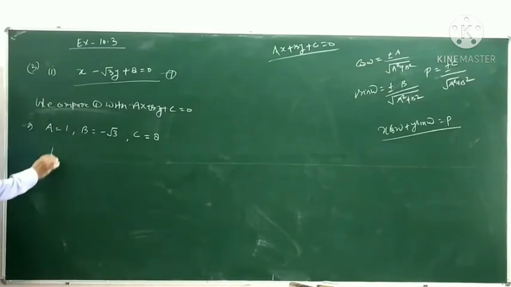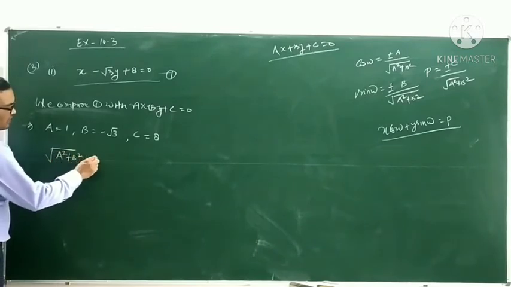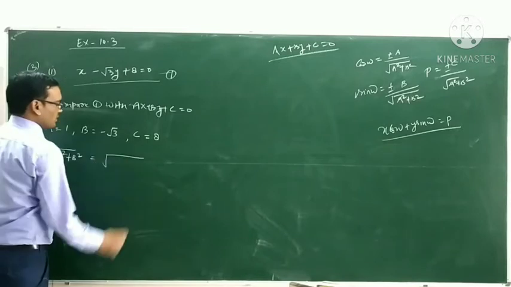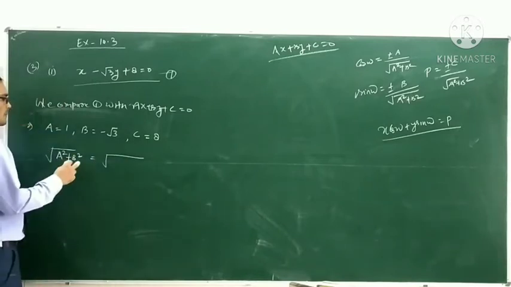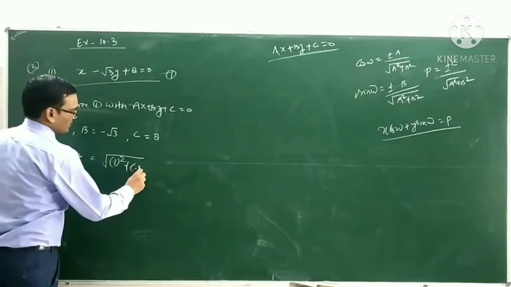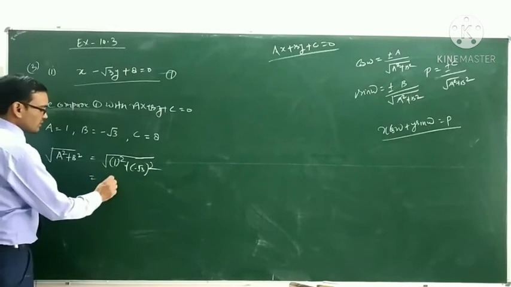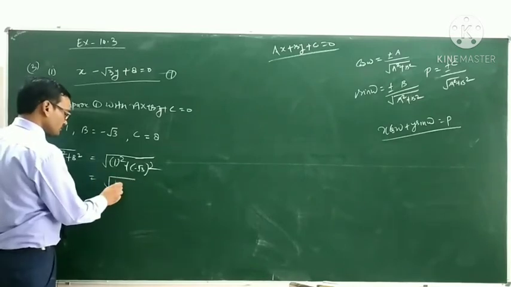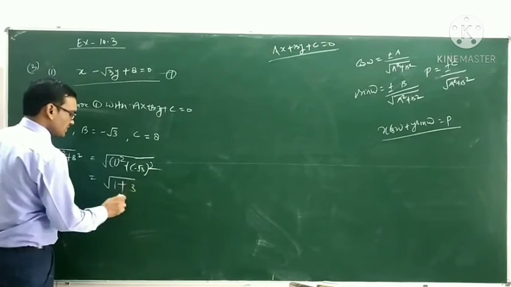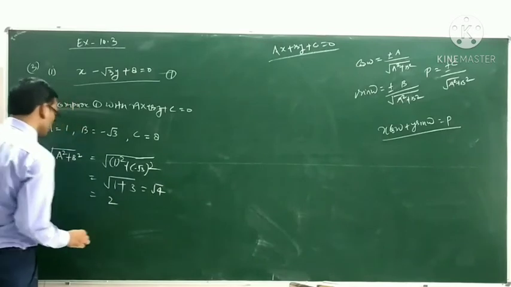Then we find the value of square root a square plus b square is equal to square root 1 square plus minus square root 3 square, this equal to square root 1 plus 3, this equal to square root 4, this equal to 2.